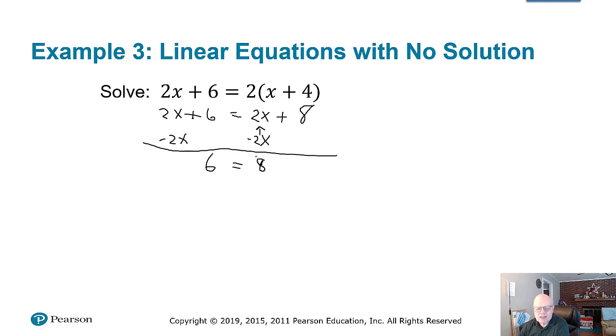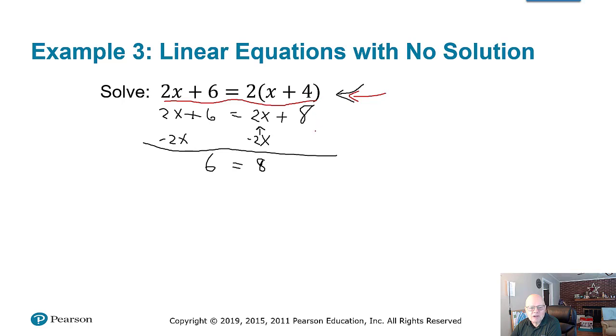And part of you says, what in the dickens is going on? Well, it's important to remember, what does this really say? I'm going to check back here with the red. This statement over here says, if you pick the right x, this is going to be a true statement.